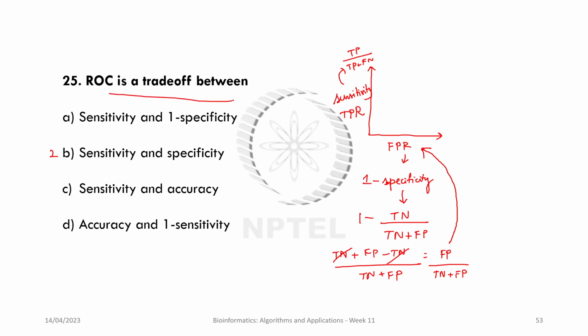So to answer your question now, what will be the answer? ROC is a trade-off between sensitivity and 1 minus specificity, sensitivity and specificity, sensitivity and accuracy, or accuracy and 1 minus sensitivity.